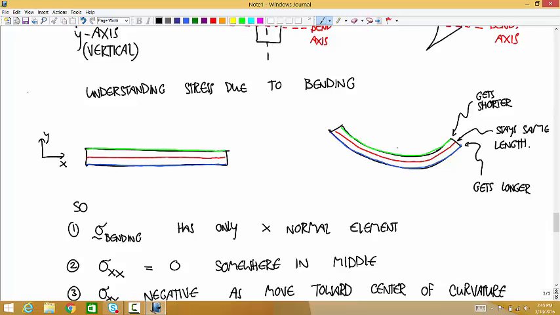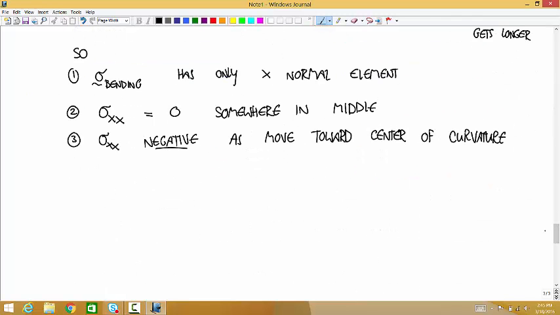But you could bend it the other way and then it would be opposite. So the center of curvature is the middle of that. So it bends into like a circular shape with some gigantic radius if it's a small deformation. But if you're moving from that center line toward the center of that circular shape, then the XX stress is negative. And fourth, it's positive if you move away from the center of curvature.